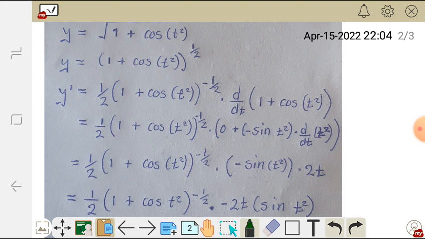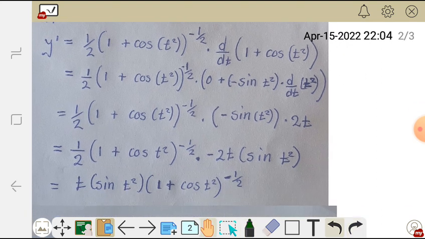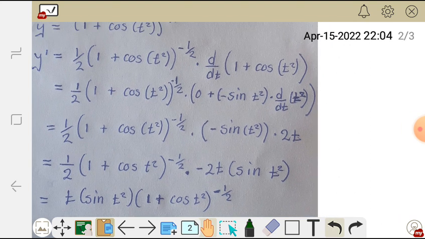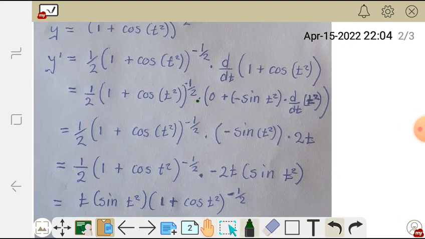The derivative of cos is negative sine t squared, and then you multiply that with the derivative of t squared. Zero plus anything gives us the same negative sine t squared, and the derivative of t squared is just 2t.